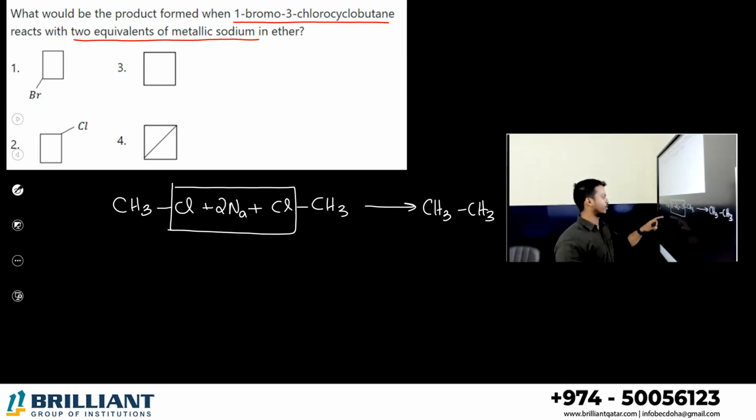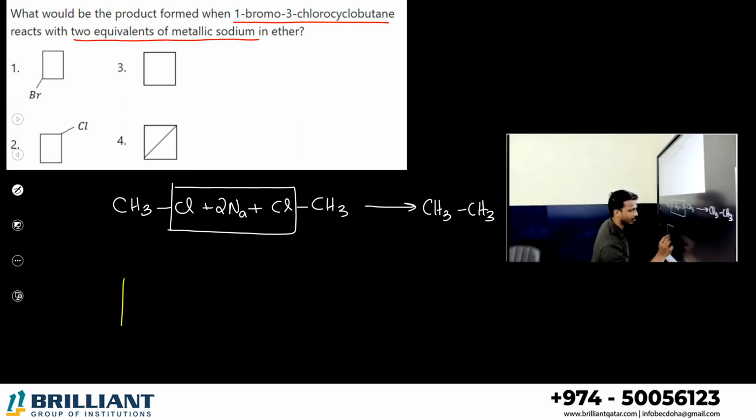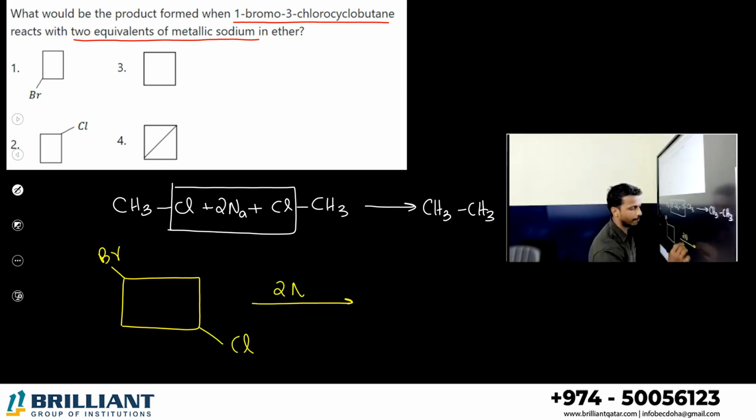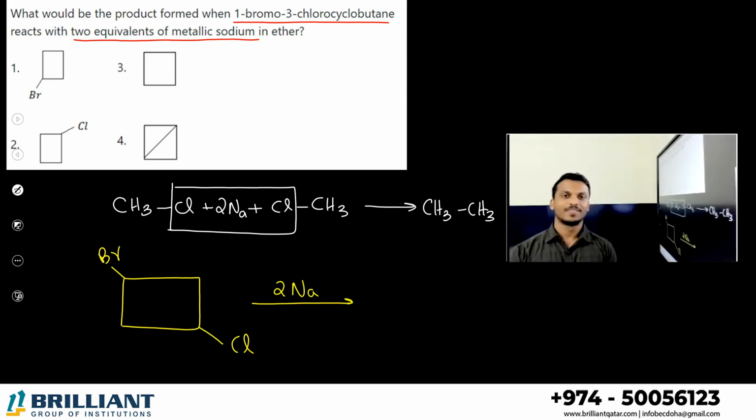Okay, now come to the question. What is your compound? 1-bromo-3-chlorocyclobutane. This is cyclobutane, first position bromine, 1, 2, 3, third position chlorine. This compound you are treating with 2 sodium. Dear student, 1 sodium takes 1 bromine, so NaBr is eliminated. The other sodium takes chlorine and NaCl is eliminated.